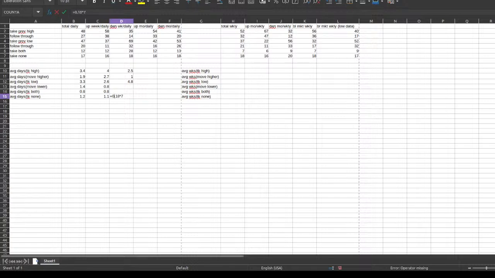So it put a comma there. I apologize for that. There we go. So 0.18 times 7 is how you're going to write that for this 18%, because that's 18% of the time it's happening, and we're measuring days, right?